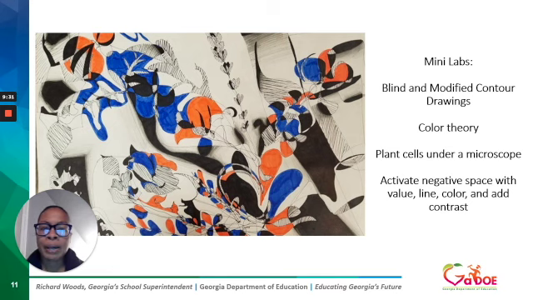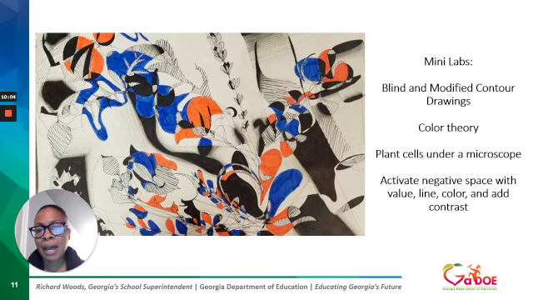We pulled out several plants and foliage that were in the storage closet, and students were able to pick what objects they wanted to draw. Students that work from home can go outside and draw, or, if it's winter or too cold, they can, as a last resort, look up images on their phone. So we did several mini labs revolving around blind and modified contour drawings using a permanent marker.